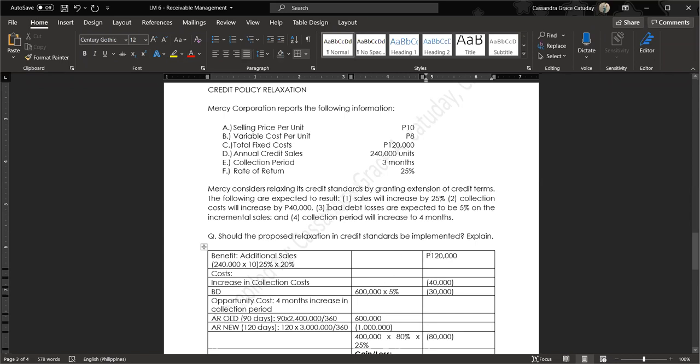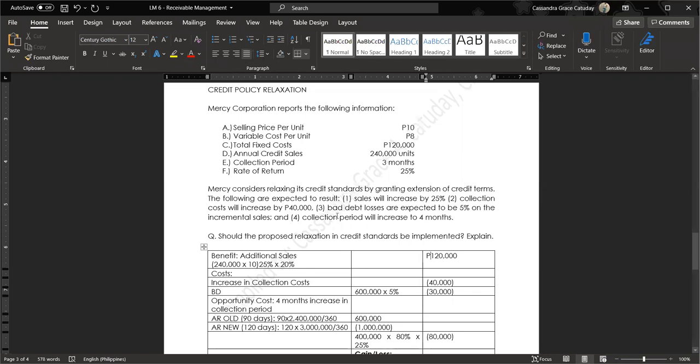For bad debts, bad debt losses are expected to be 5% on the incremental sales. So how much are the incremental sales? If we multiply 240,000 by 10 and by 25%, how much is this? 600,000. Yes, that is what we call incremental sales.